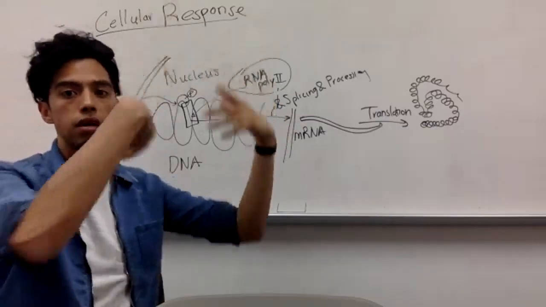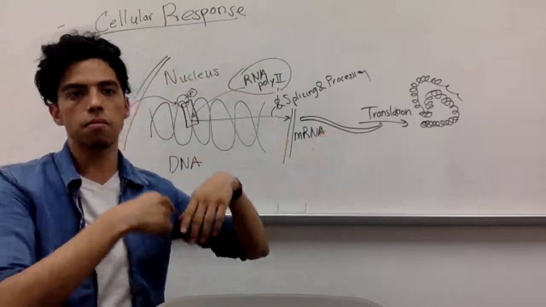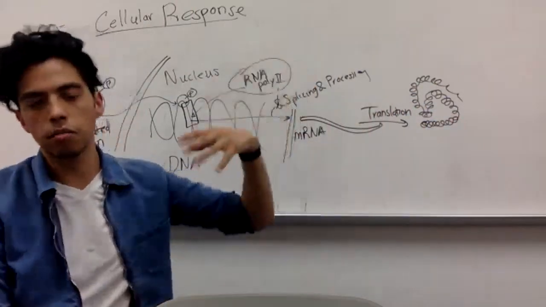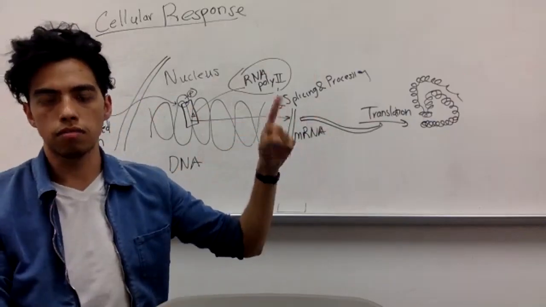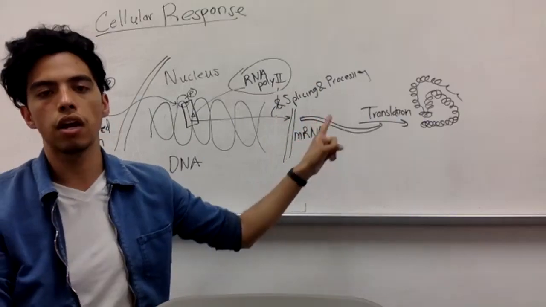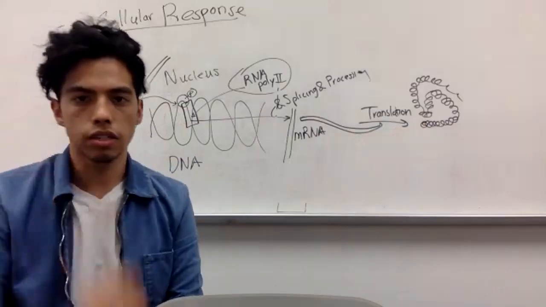And it's going to say, hey, come here. We have this strand of DNA that we want to transcribe and then make a protein out of. And so RNA polymerase is going to be like, okay. And it's going to go and bind, transcribe it. You create an mRNA after processing and splicing, obviously. Once you create that mRNA, you create that protein after translation.